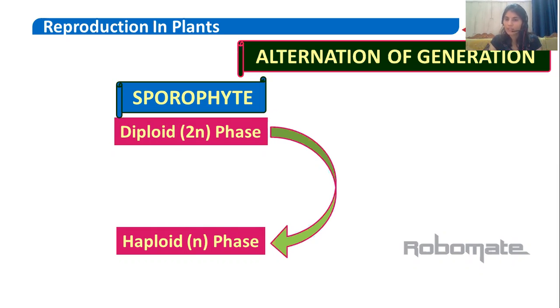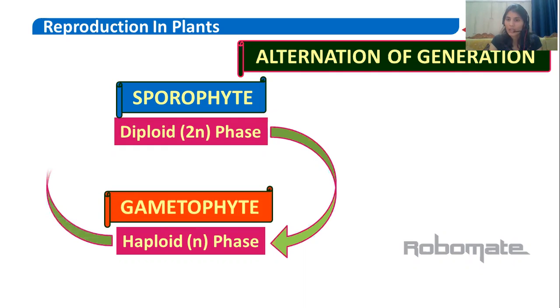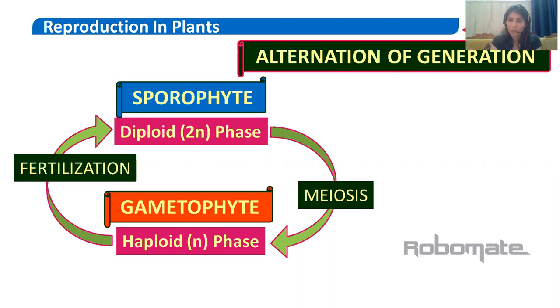The genetic material divides and we get a single copy, that is n, and this n phase is known as the gametophyte. Then two gametophytes fuse and form a zygote, and that zygote is in the 2n phase, that is the sporophyte. So this cycle continues. Here, the process from diploid to haploid is meiosis, and from haploid to diploid it is fertilization. This is the alternation of generations.